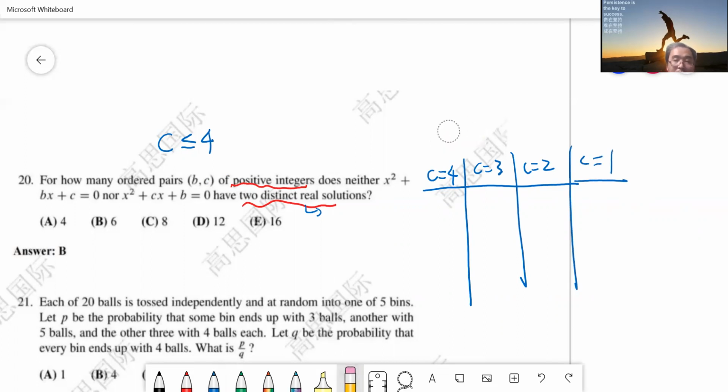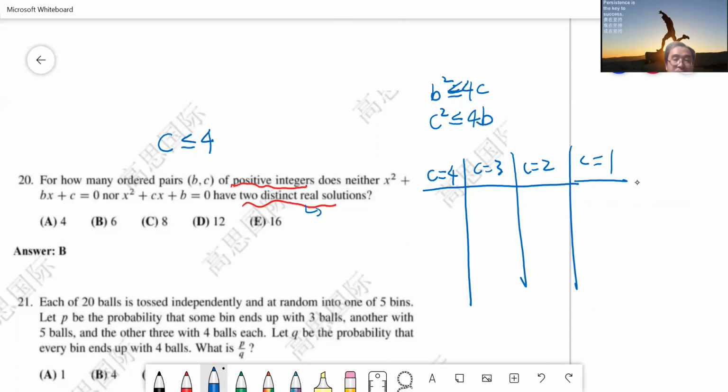So we need to check this situation with, remember, b squared smaller or equal to 4c, or c squared smaller or equal to 4b.